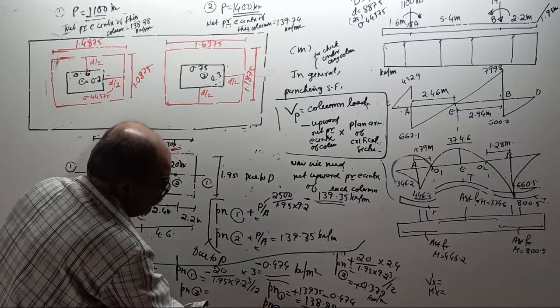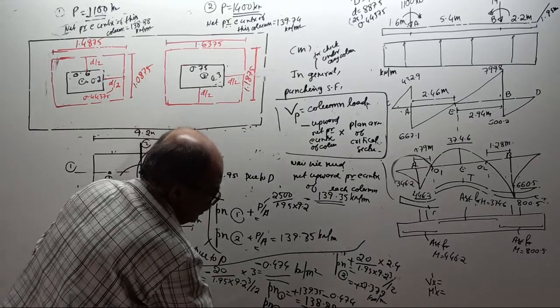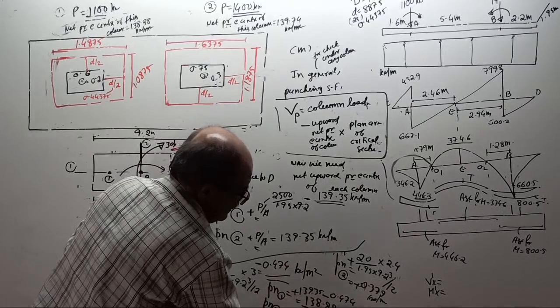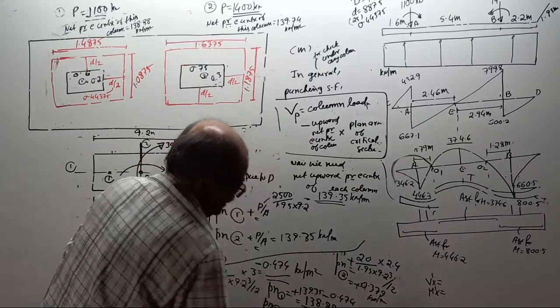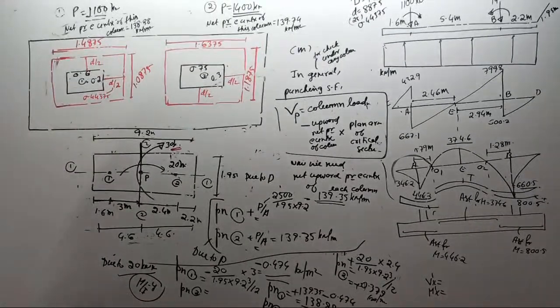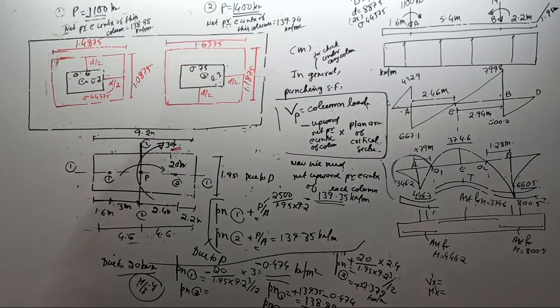And net pressure at the center of column 2 equals plus 139.35 plus 0.379. Second decimal answer. 139.73.